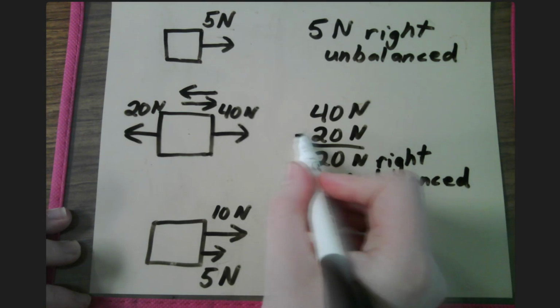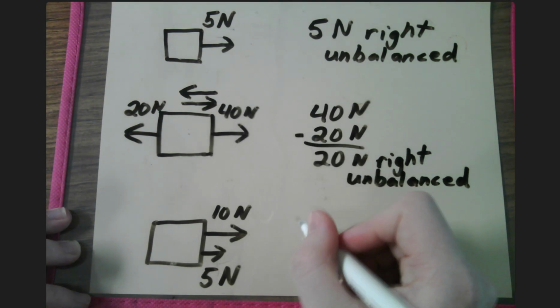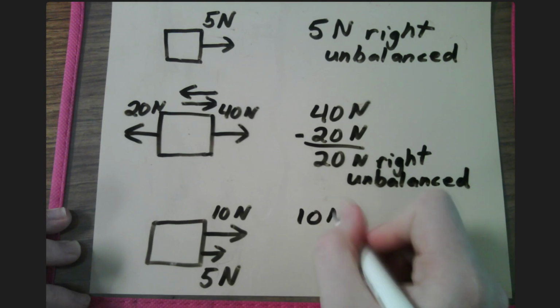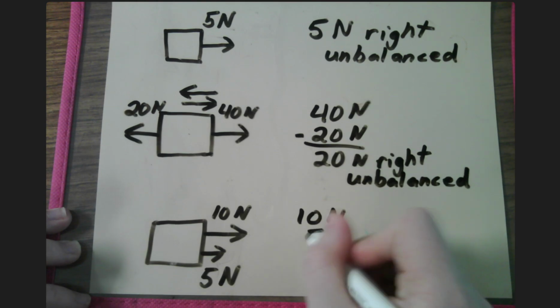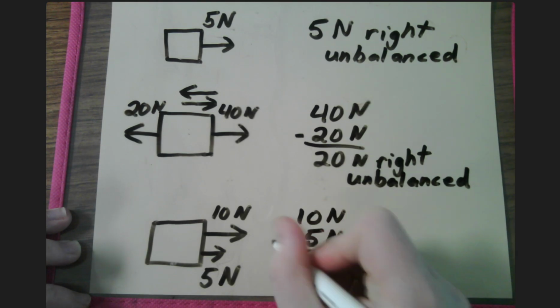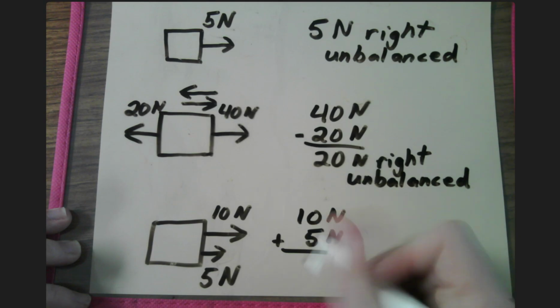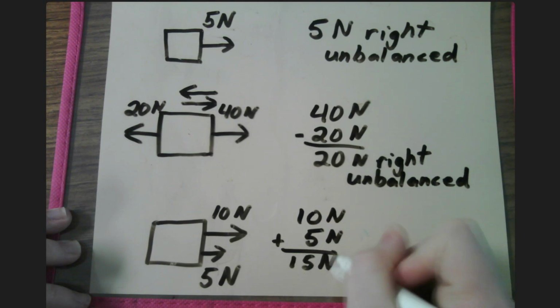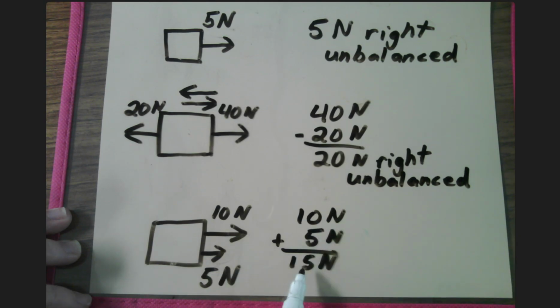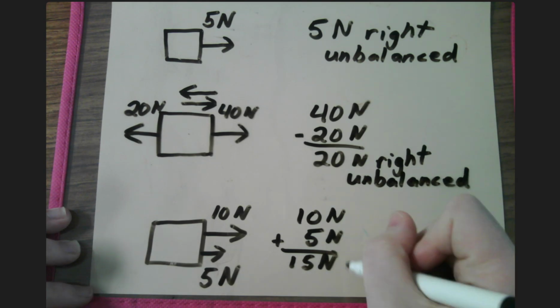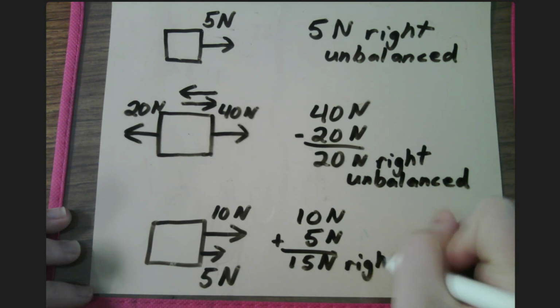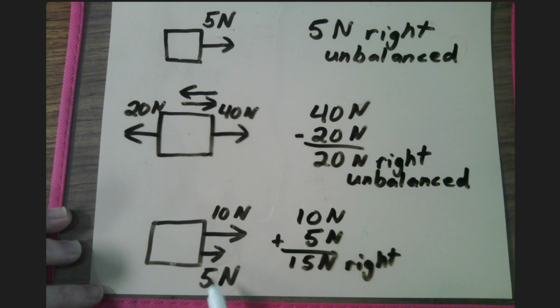So in this case, we are going to add 10 newtons plus 5 newtons, and that is equal to 15 newtons. These ones are going to the right. And since this block is moving, it's unbalanced.